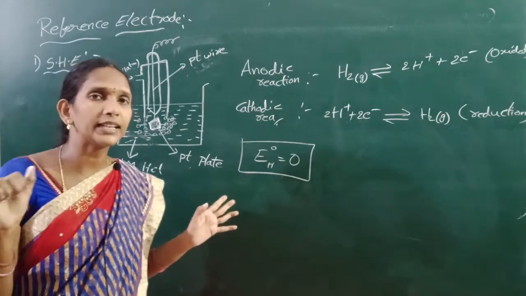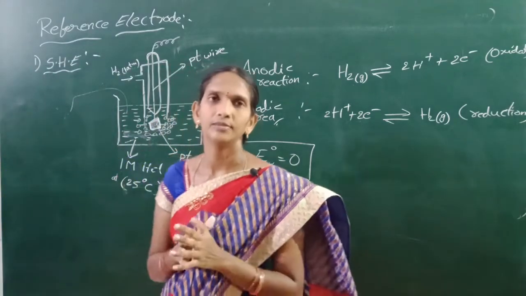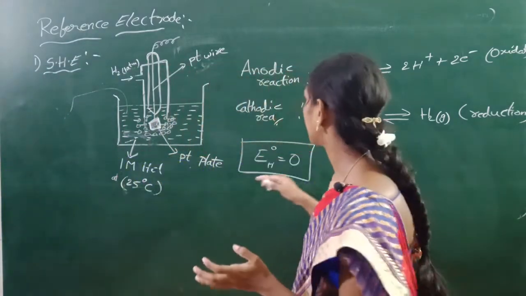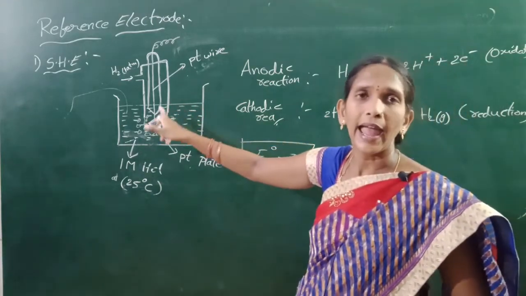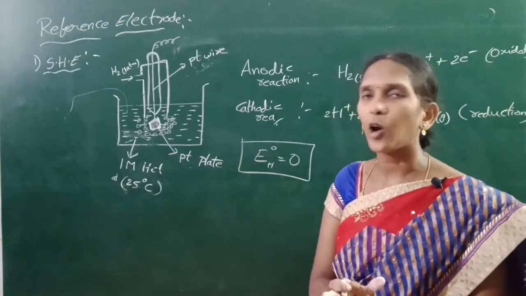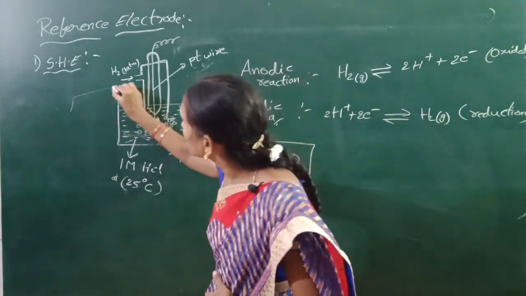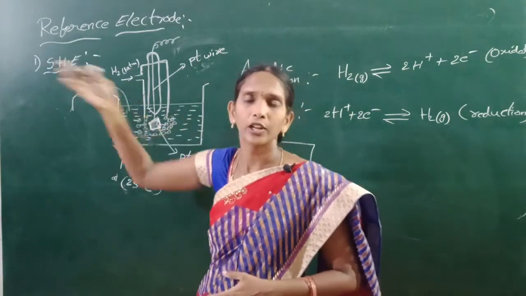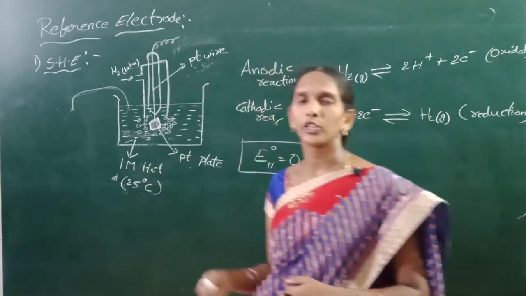That potential is the single electrode potential. In this case, the electrode acts as both anode or cathode, depending upon the attachment of another electrode.